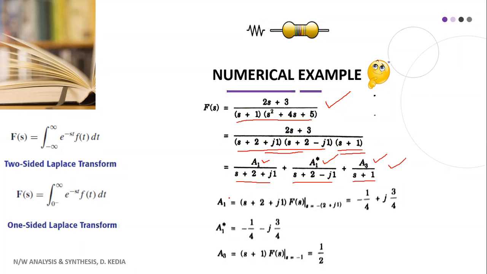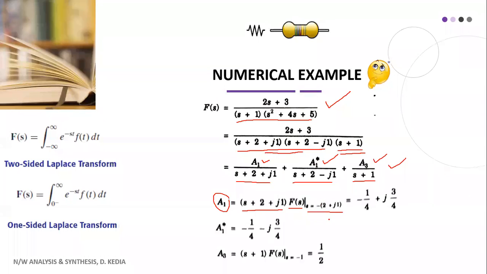Now we need to find out a1. So if you remember, for a1, you will be multiplying this expression F(s) with the factor of a1, that is s plus 2 plus j1. So you see here, s plus 2 plus j1 has been multiplied with F(s), and you will be substituting the value of s as minus of 2 plus j.